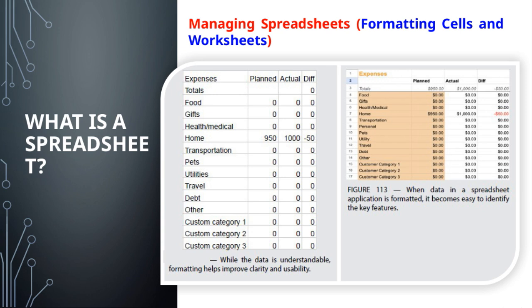This includes things like changing font styles, colors, cell borders, and number formats. And don't forget about managing entire worksheets. Renaming tabs, moving sheets, or hiding parts of your data can make your work more organized and easier to navigate. Understanding how to manage these formatting options is key to making your spreadsheets not just functional, but also visually appealing and easy to interpret. This ties back to the overall theme of using spreadsheets effectively to communicate data clearly and professionally.